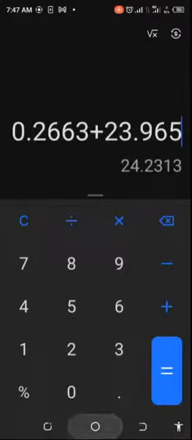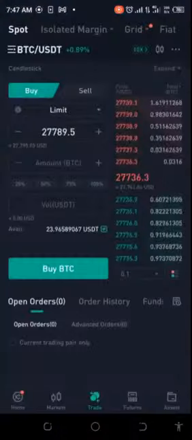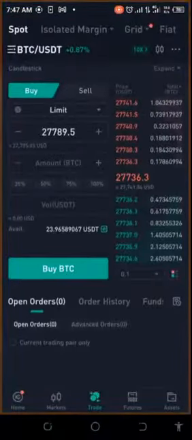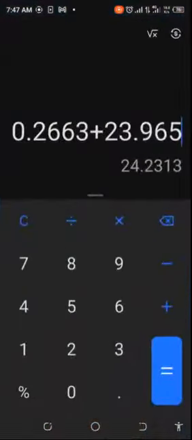Let me go and check so that we don't put values that are not right. Okay, 9658. I'll just take four figures after that. So 9658. All right.